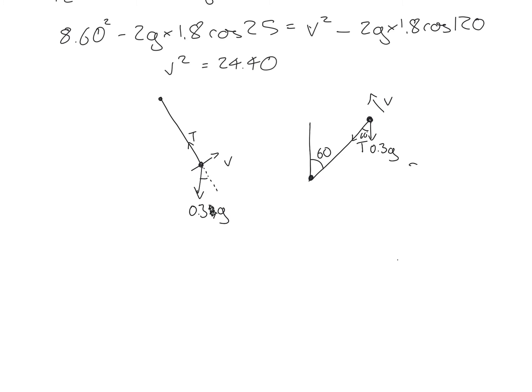So looking at F equals MA towards the centre of this circle, I know that towards the centre, T plus 0.3 G cos 60 equals M V squared, which I know from up there, over R, which is still R 1.8.